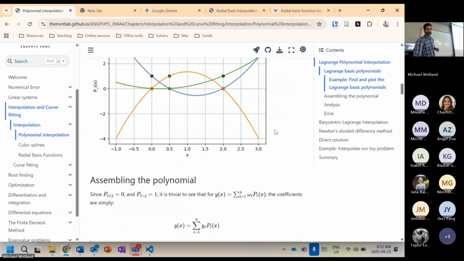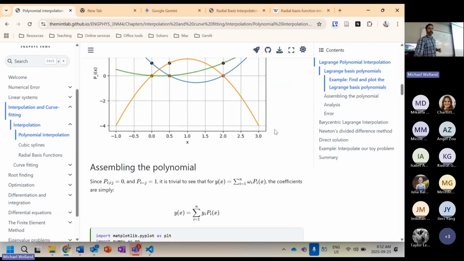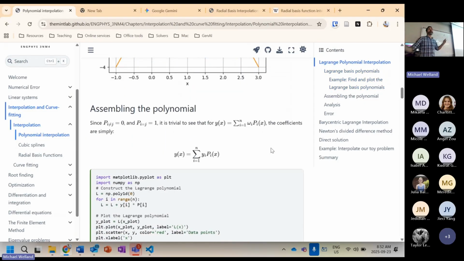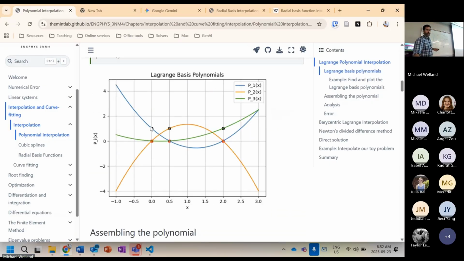Because P1 is only 1 at x1, at this data point we want the total function to fit our associated y value, which turns out to be 1. That's okay, this one would be 3, for example, because this polynomial is the only one that survives at this data point, and it's exactly equal to 1.